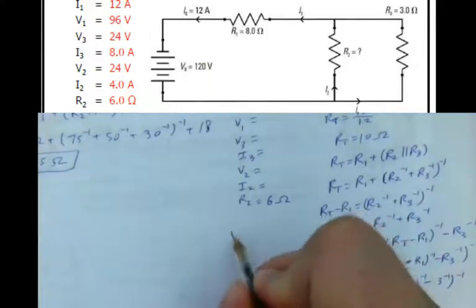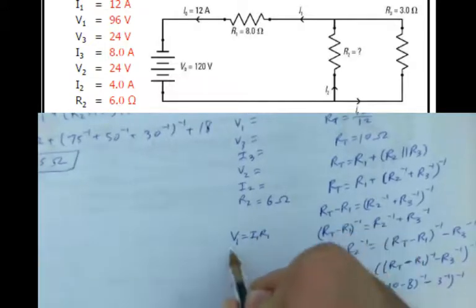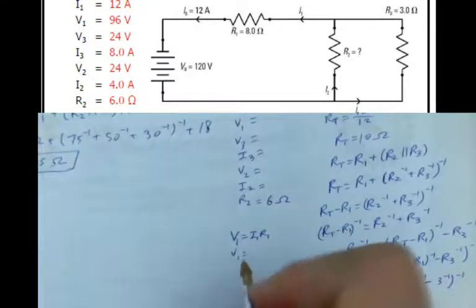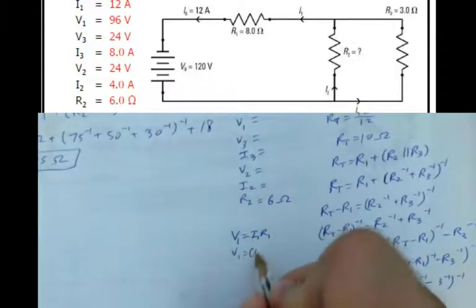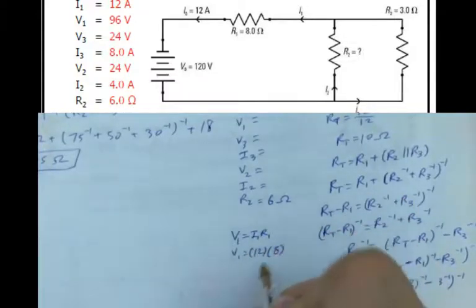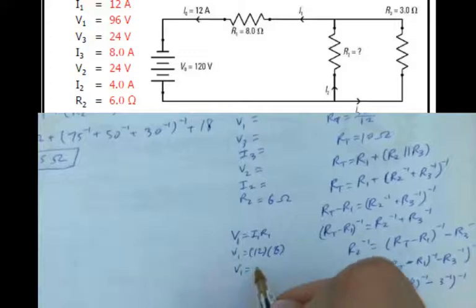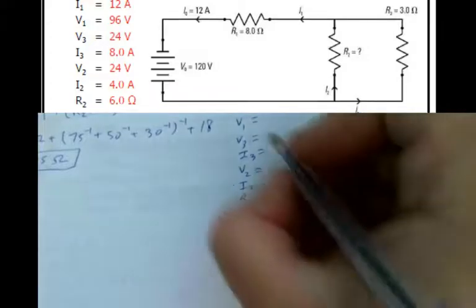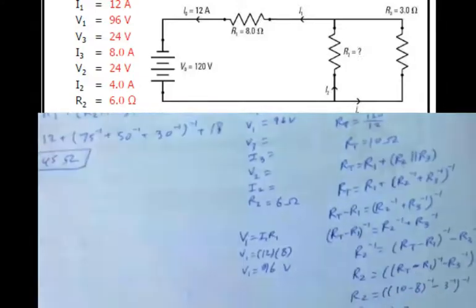So V1 equals I1R1. That's going to be 12 times 8. I'm just realizing I could have done this at the start too. This would have made it a little bit easier. 12 times 8 is 96. So 96 volts is my solution for V1.